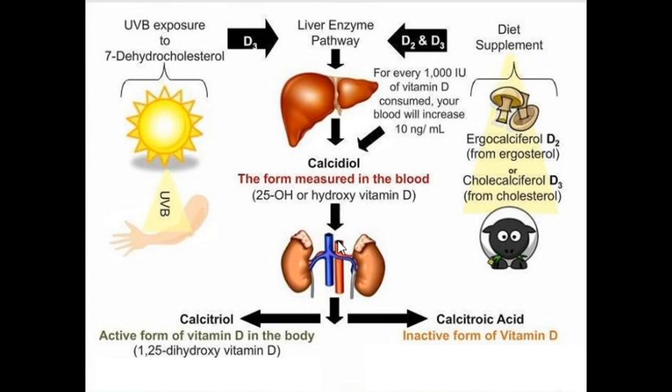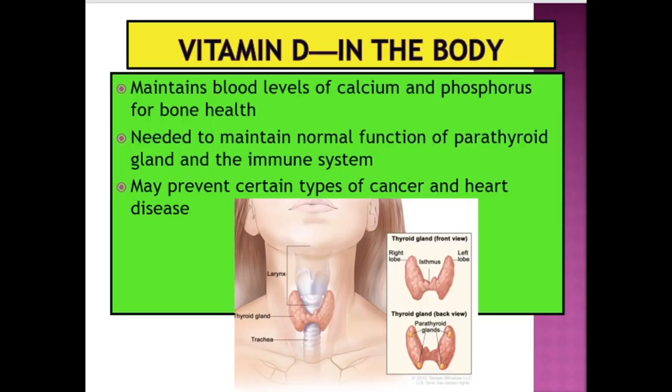This substance will be carried to our kidney to turn into the active form of vitamin D, calcitriol. This active form of vitamin D will be used in our body.